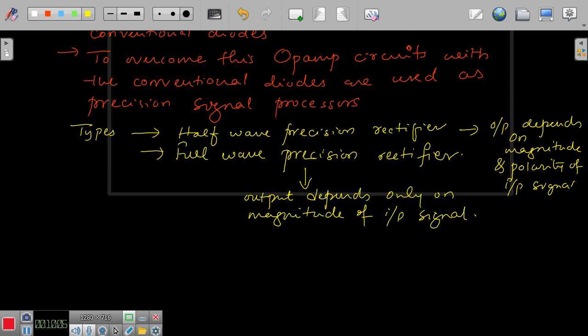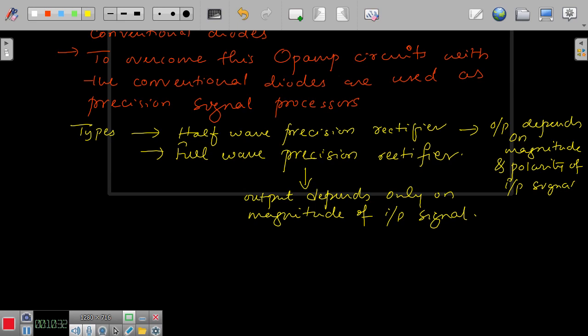As long as the precision rectifiers or the conventional rectifiers are concerned, the only thing is that we are adding an adjective here, precision, wherein we will be concentrating on signals which are generally less than 0.7 volts or even 0.5 volts, even much less than that, right? Let us try to see how exactly this rectification is possible here.